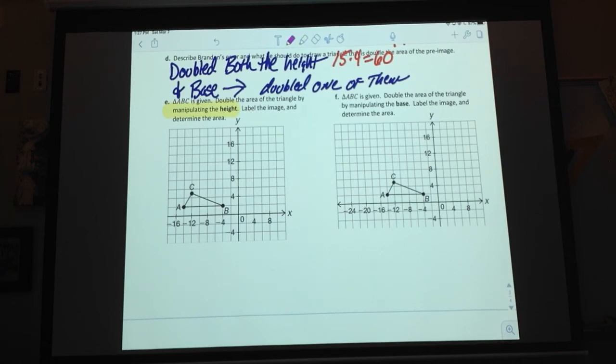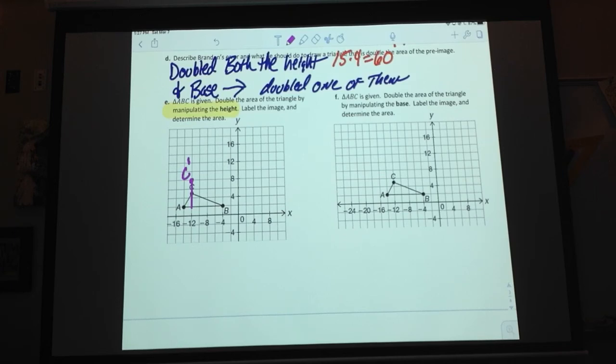If my height was originally 3, I can make it 6 by taking C and making it C prime at 8. Instead of 5, it goes up to 8. And my height ends up being this. I don't have to change anything else, because if I change anything else, I start to now either triple it or quadruple it like in the last example.